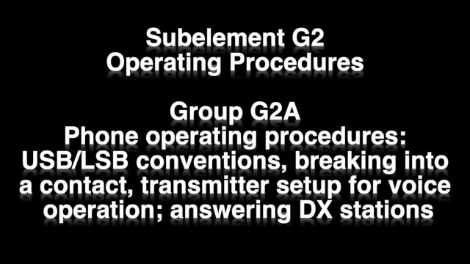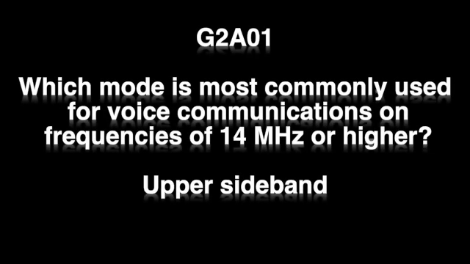Subelement G2, Operating Procedures. Group G2A: Phone Operating Procedures, USB, LSB conventions, breaking into a contact, transmitter setup for voice operation, answering DX stations. G2A01. Which mode is most commonly used for voice communications on frequencies of 14 MHz or higher?